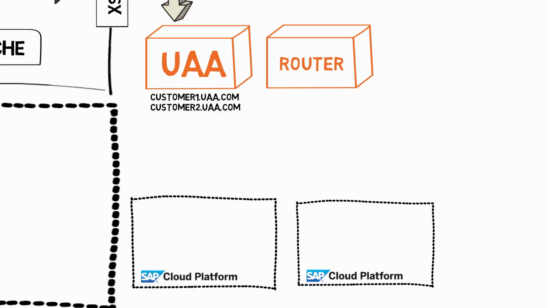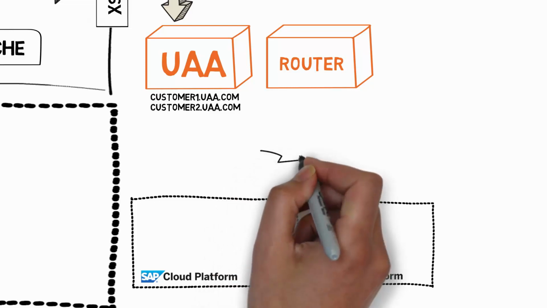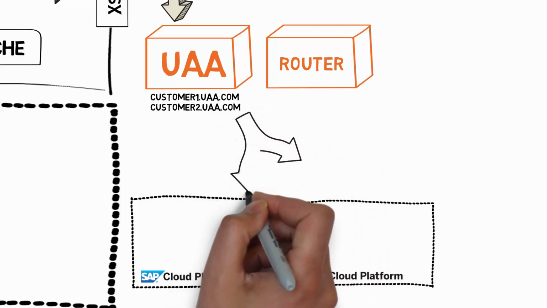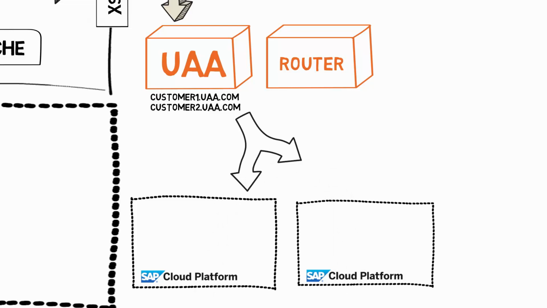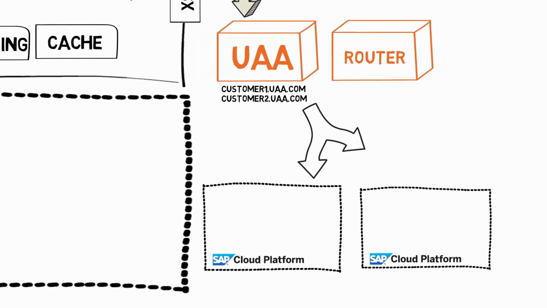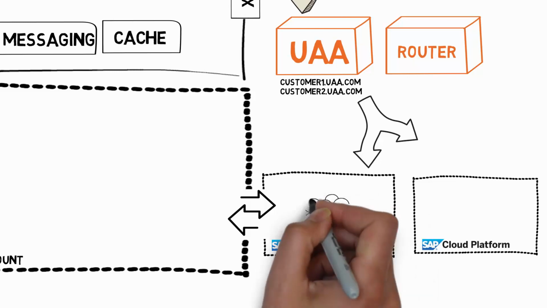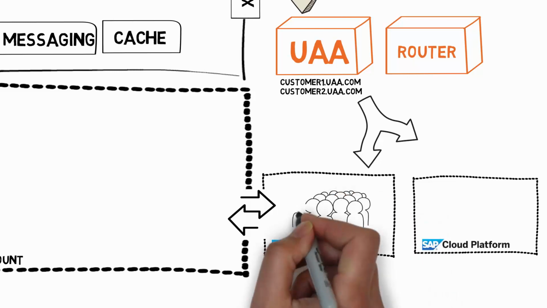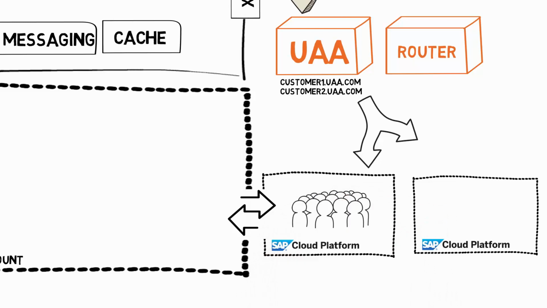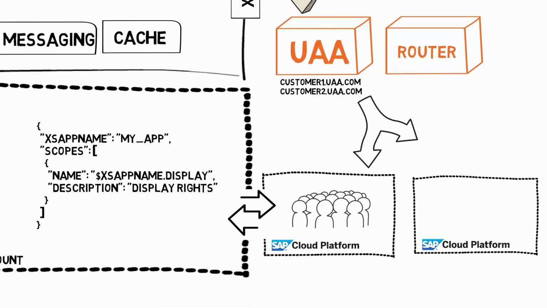It does so by allocating unique subdomains for every customer, which are linked to the users and roles defined in their corresponding SAP Cloud Platform sub-account. So if a customer has subscribed to the application you are providing, he can configure roles for his own users by himself because he has access to the types of access rights that your application provides.